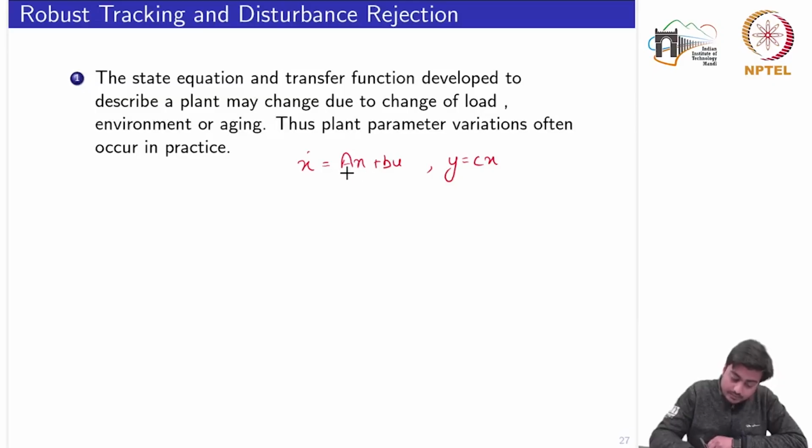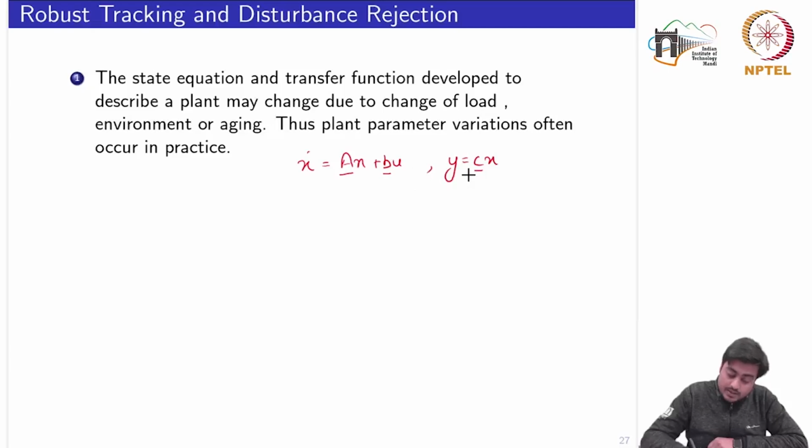If we have the complete knowledge of these parameters A, B, C, then we say that we know very precisely the information about the plant.